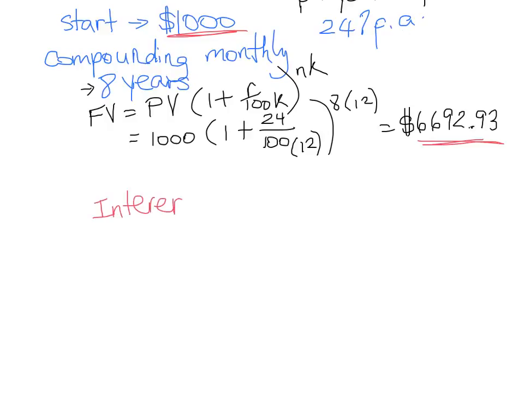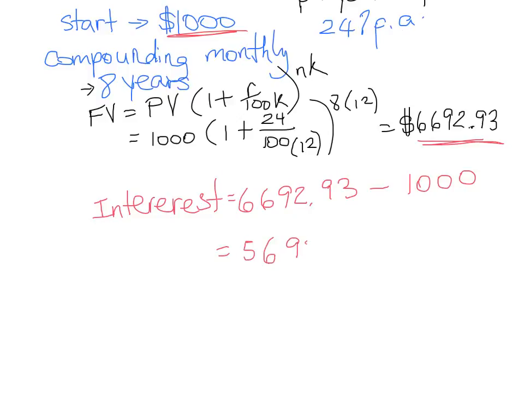The interest is equal to $6,692.93 minus $1,000, and that will give us $5,692.93. That is our interest earned. So again, our final value was $6,692.93, but our interest was the difference between that and the original amount.